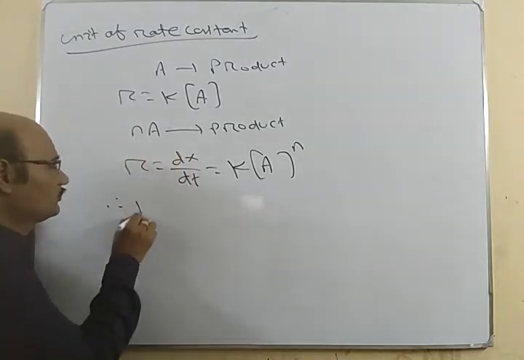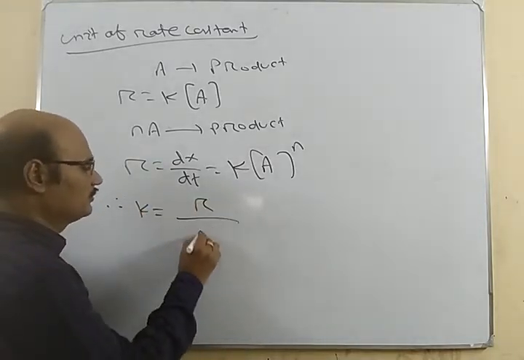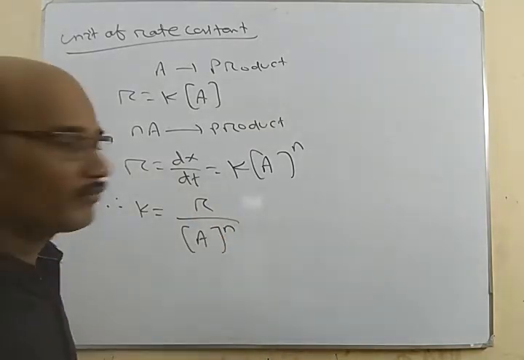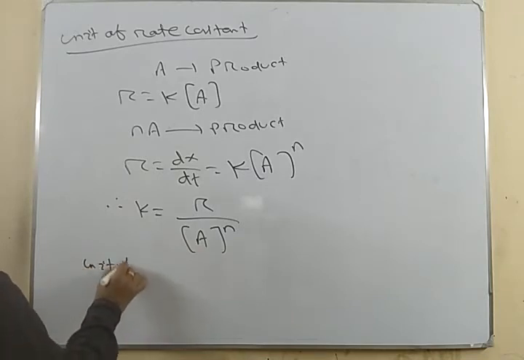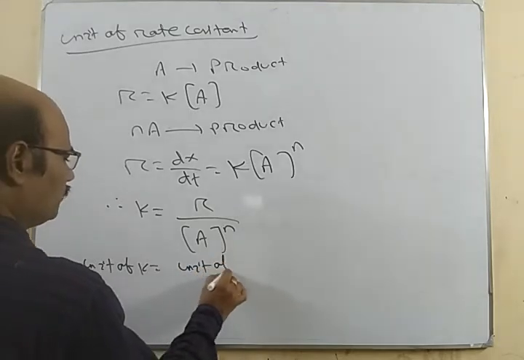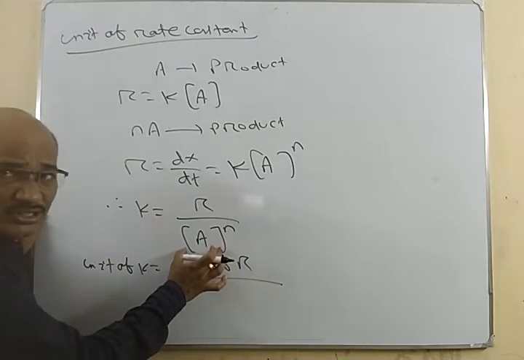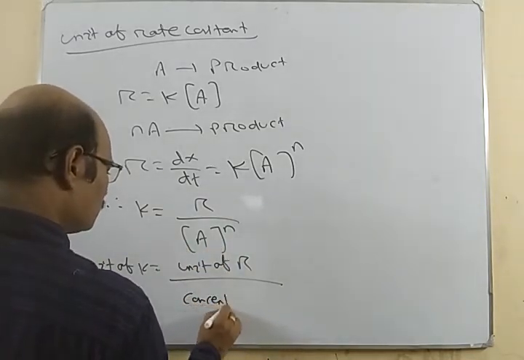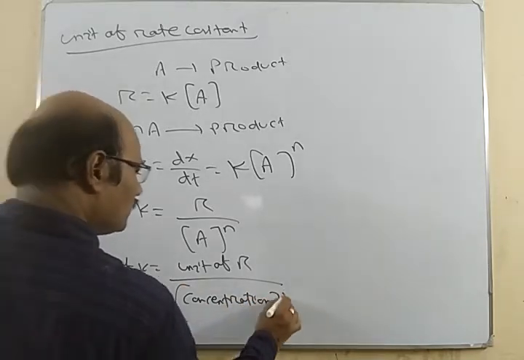Therefore K is equal to R by [A] to the power n. Therefore the unit of K is equal to the unit of R divided by concentration to the power n.